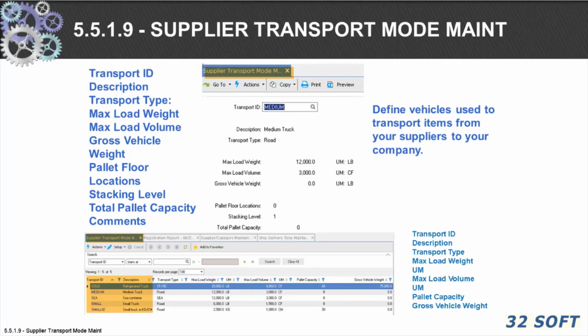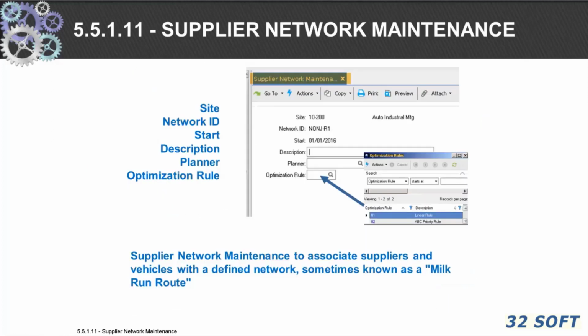Here we see the browse for transport ID, transport type, max load, max volumes, etc. Use 5.5.1.1 Supplier Network Maintenance to associate suppliers and vehicles with defined networks, sometimes known as milk run route functionality.